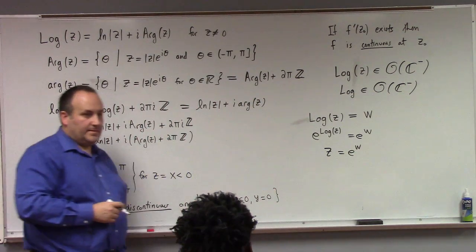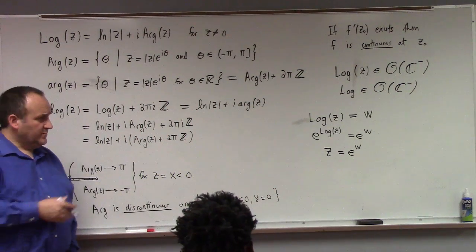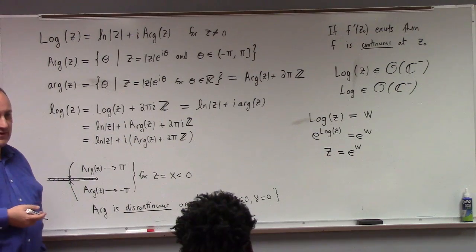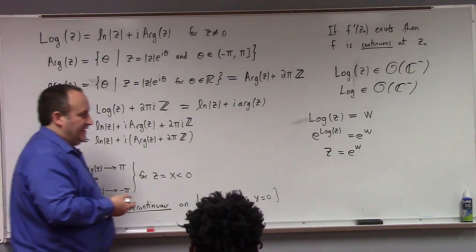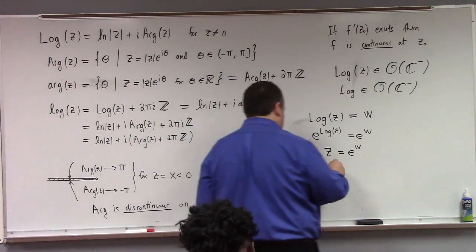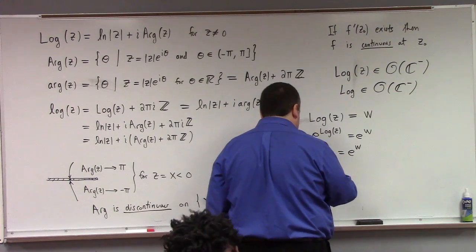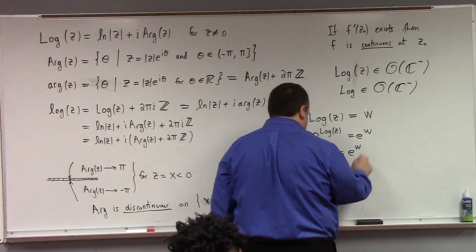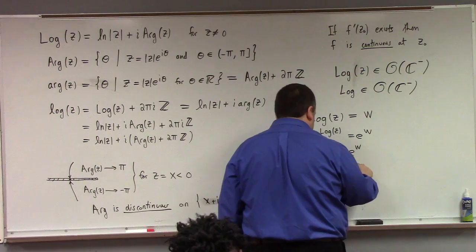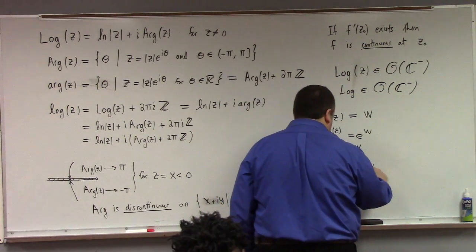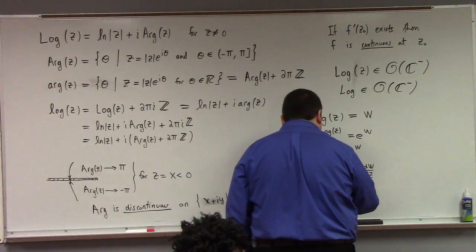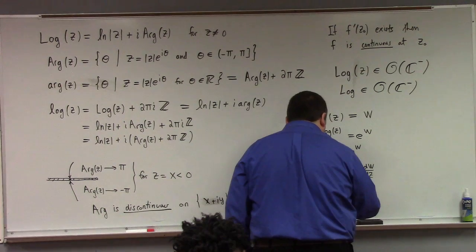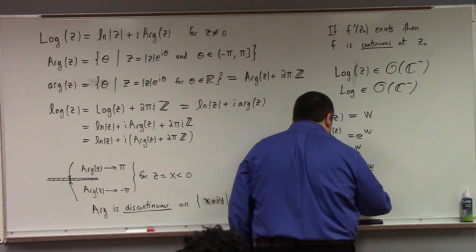And then differentiate implicitly. So we'll differentiate with respect to z. We get dz/dz is equal to the derivative of e to the w, but that's e to the w times dw/dz. Lo and behold, dw/dz is equal to 1 over e to the w.